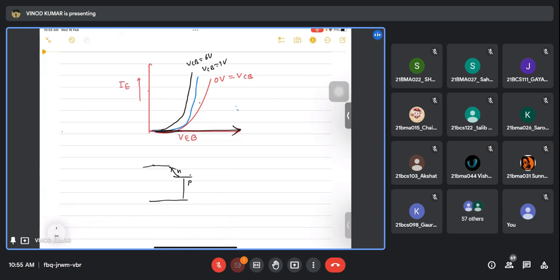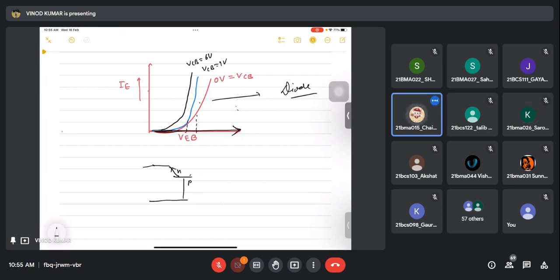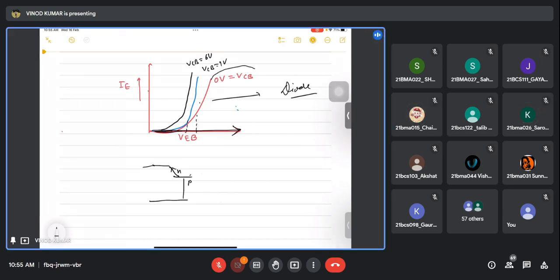That's why if you see its characteristics, they are like diode type. They look like a diode, right? Because we have kept this constant, made it 0. It is very simple that a transistor can be used as a diode also if we take its input characteristics only, meaning keeping the output side constant.